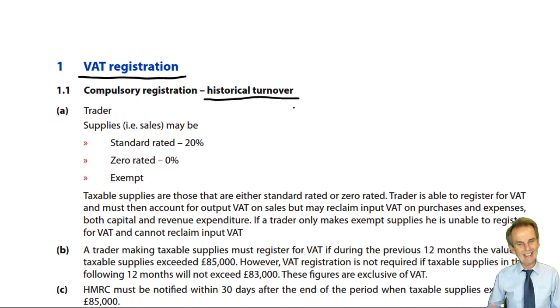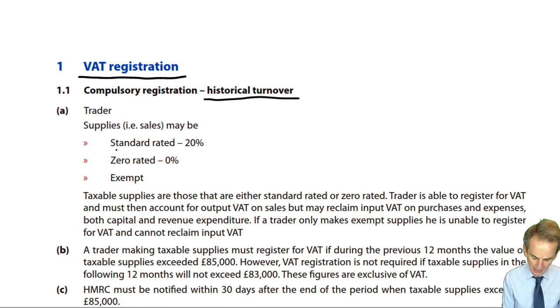The supplies that they make, i.e. their sales. What is the nature of the trader's sales, as we'll call them, the trader's supplies that it makes? Well, the vast majority indeed of supplies made by the vast majority of businesses are going to be said to be standard rated.